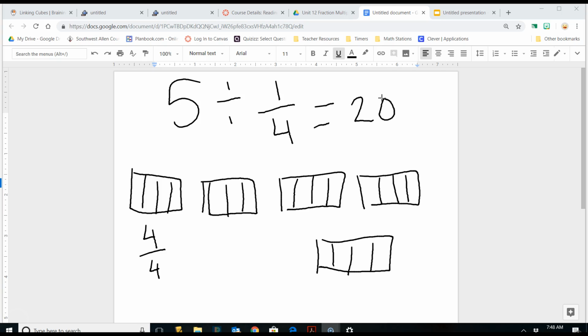Now, how would this problem be different if my 1/4 had been 3/4? Let's look and see.